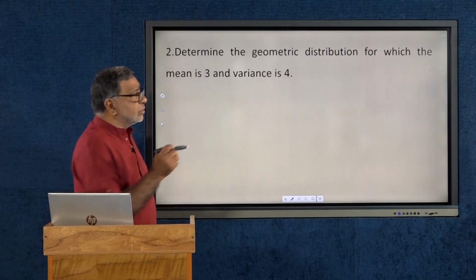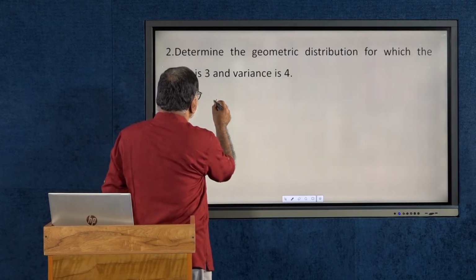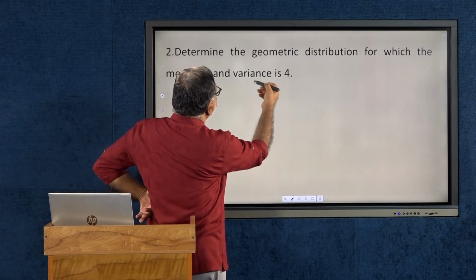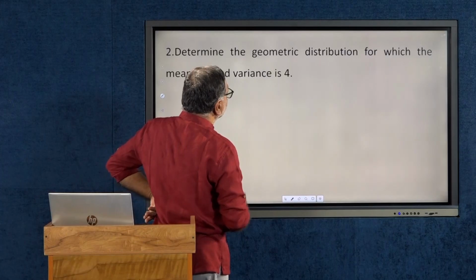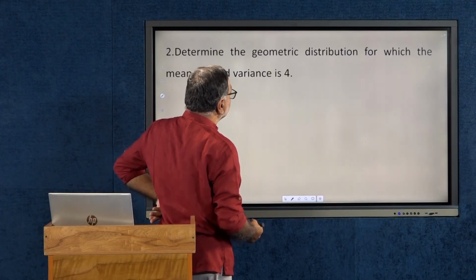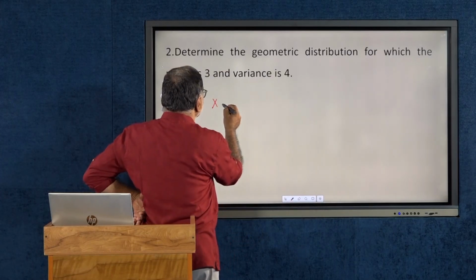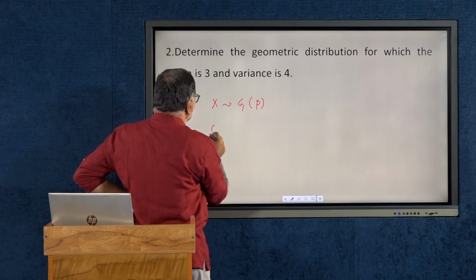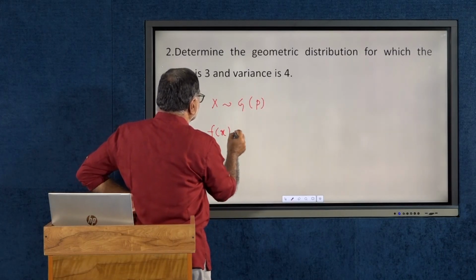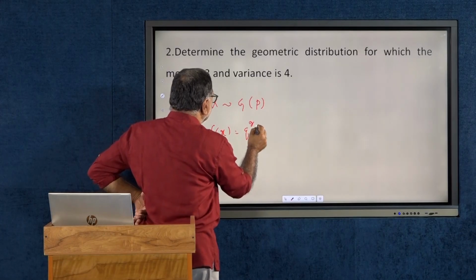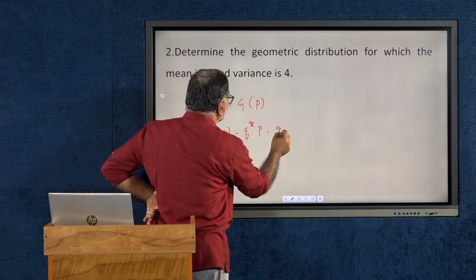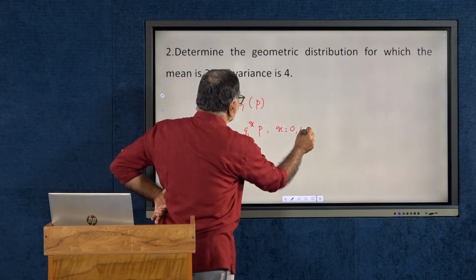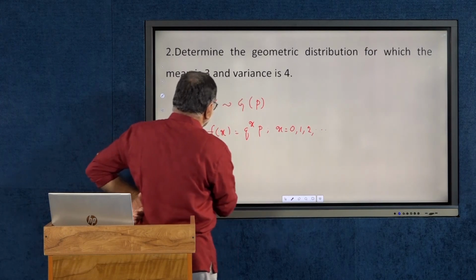Suppose we have the geometric random variable, it is not given which form of the random variable is given to you. So, let us assume that x is a geometric random variable with the usual f of x, that is q power x into p, if we are using that form, and mean is equal to what?